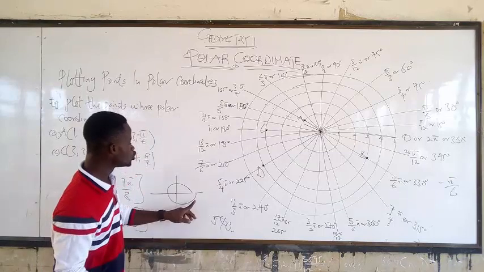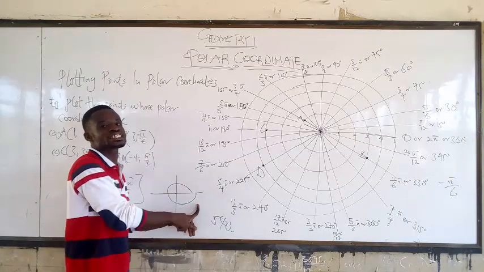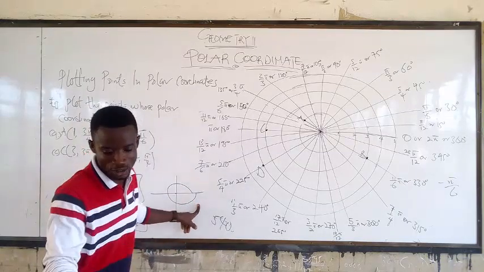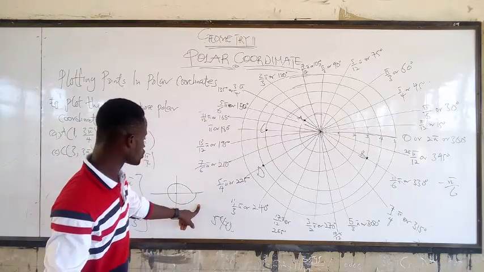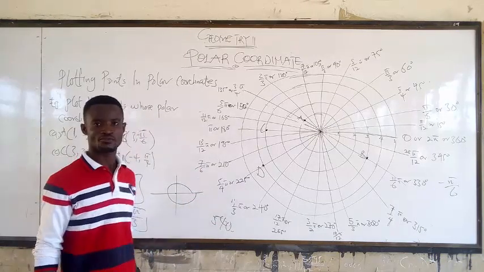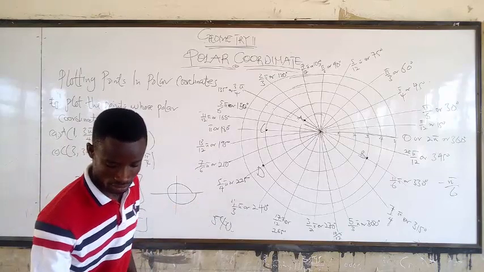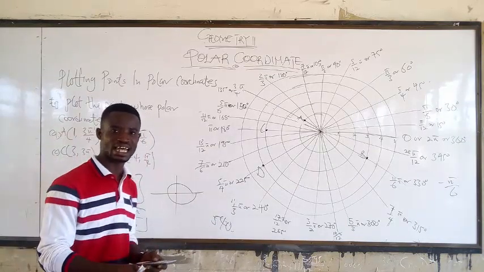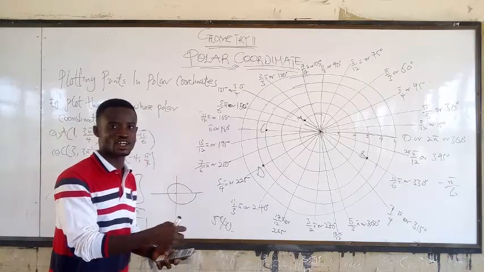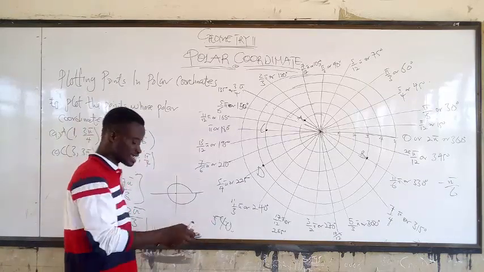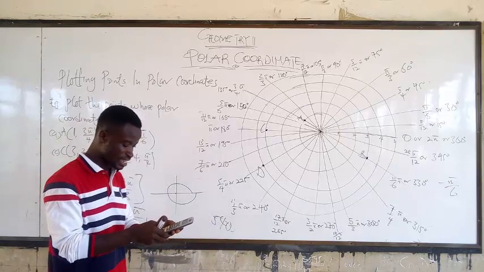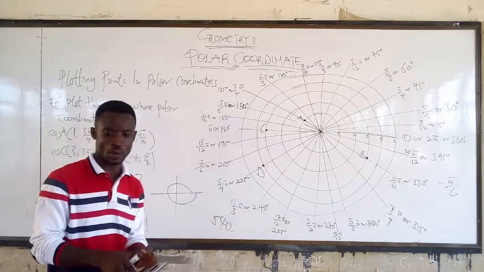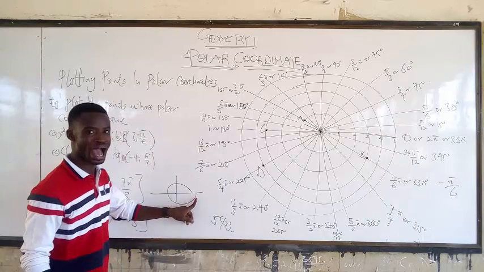That means you need 60 to add to 360 in order to get to 420. So 60 plus 360 will give you 420. So that is what you need to add up.